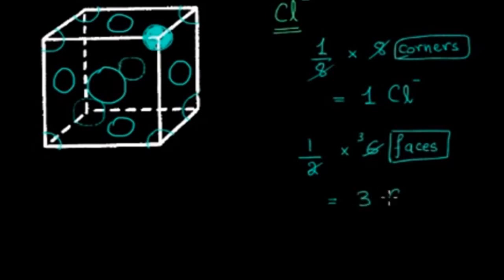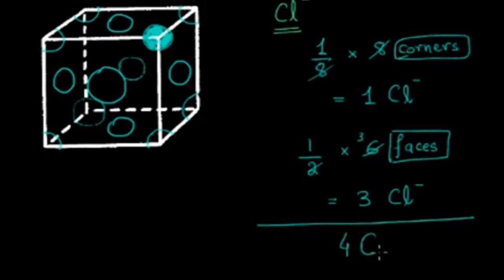We have 3 chloride ions at the 6 faces and we have 1 chloride ion present at the corners. So the total number of chloride ions present in one unit cell is 4 chloride ions.